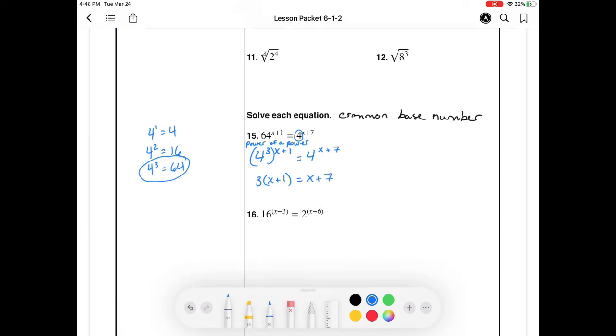Now this is just a regular equation like we've been solving all year. So let's review the steps that we would take to solve this equation.